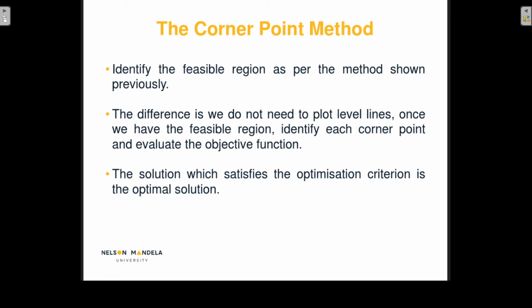Once we have the feasible region, we will identify the corner points of the feasible region and then evaluate the objective function at each of these corner points, because we know from the remark from the previous lecture that the solution to my LP problem will be at one of the corner points. And then the solution which satisfies the optimization criteria, whether it's to maximize or to minimize, will then be my optimal solution.